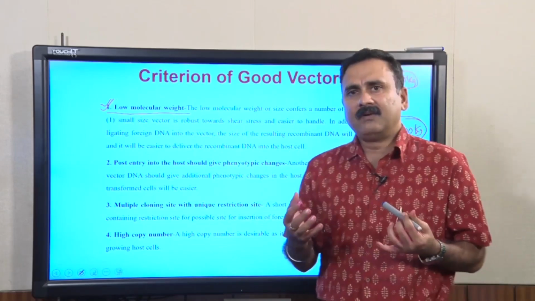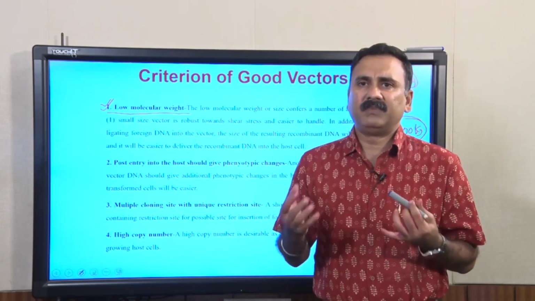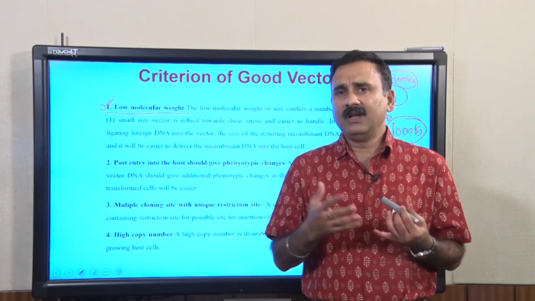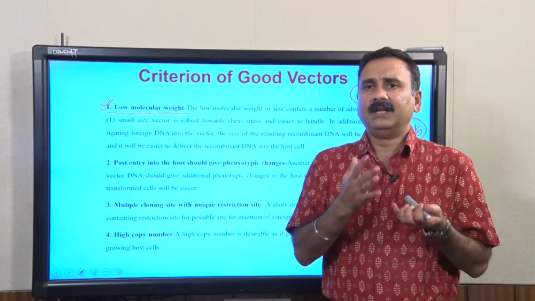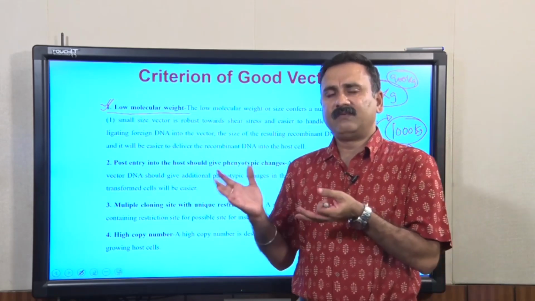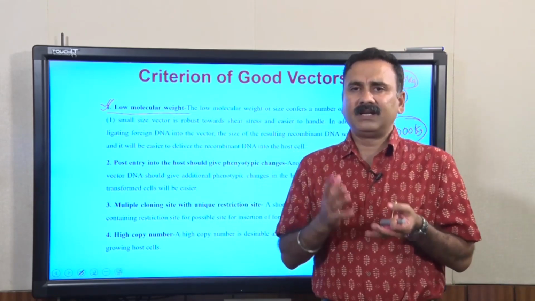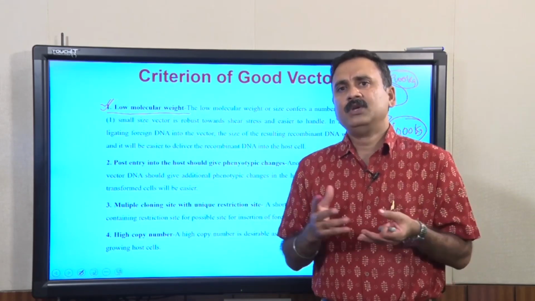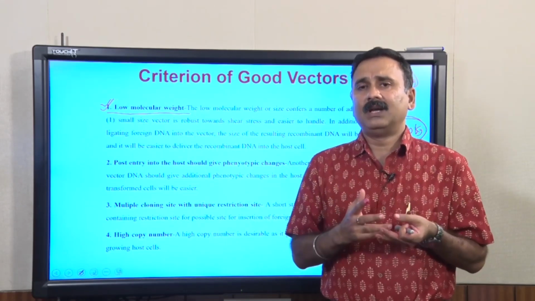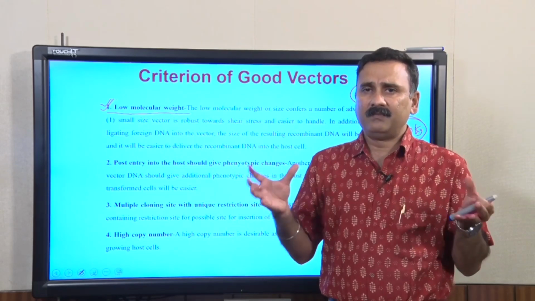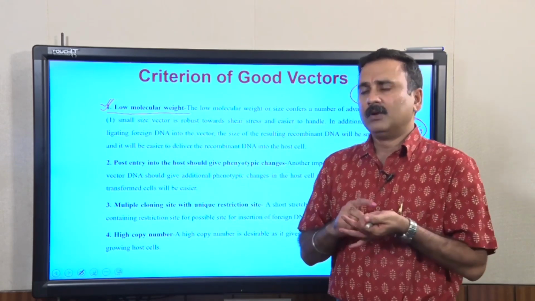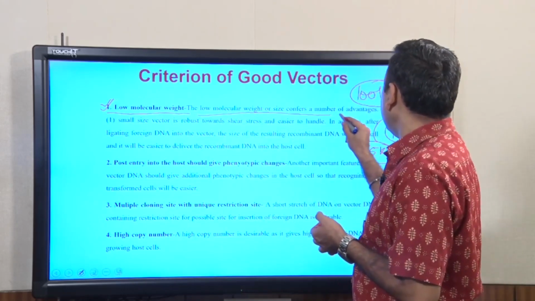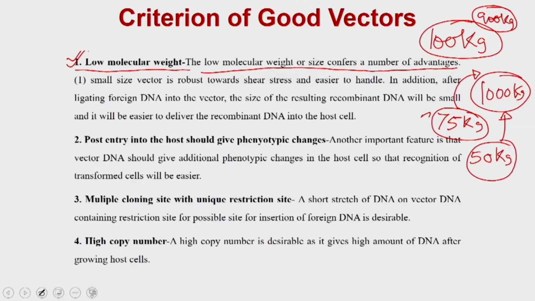As you remember, when we were discussing the preparation of genomic DNA or the cDNA library, we gave you a table showing the carrying capacity of different vectors, and for a bigger genome you have to use a carrier which can carry a bigger piece of DNA. So, low molecular weight has many advantages.